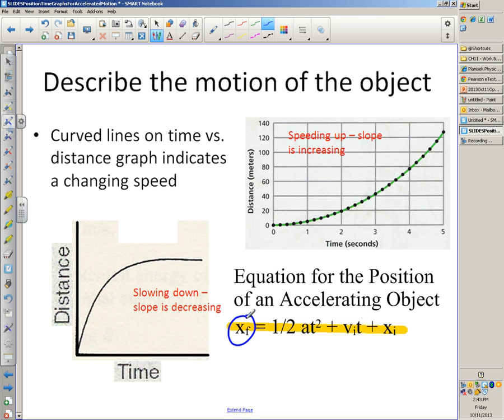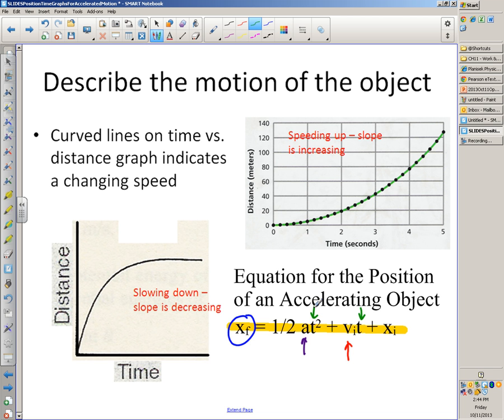But now, it not only takes into account how fast the object is going and for how long it's going that fast, but it also takes into account the acceleration, and for how long it is accelerating.